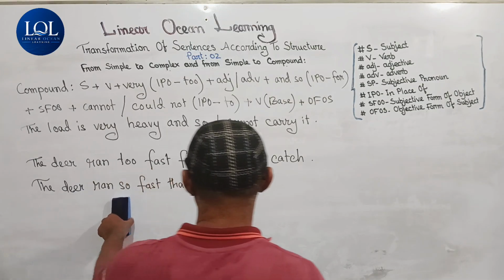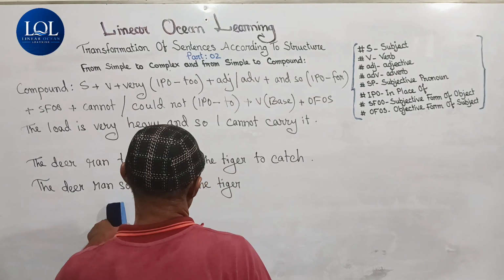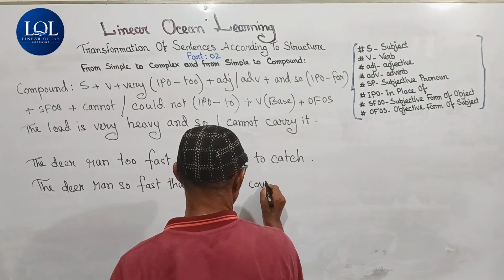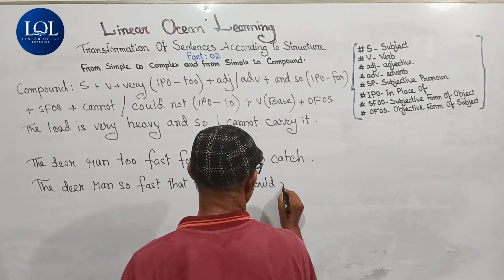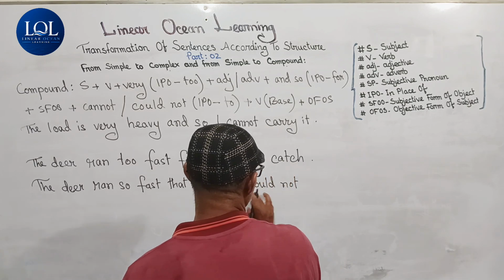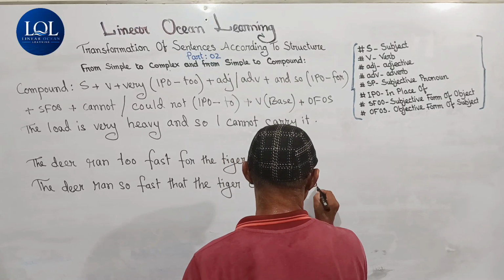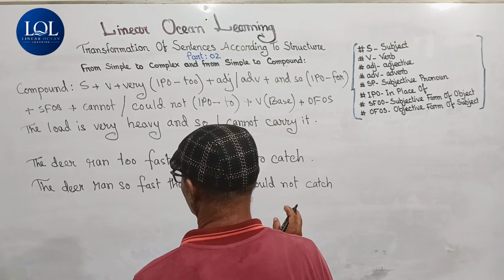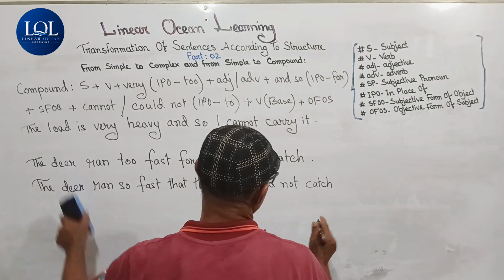It is in past indefinite tense, so the auxiliary verb will be could not or couldn't. In place of "to", could not catch, and the objective form of the subject, here it.